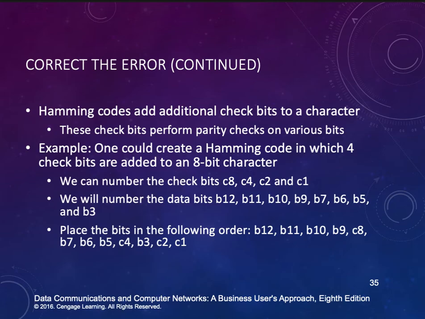Hamming code for an 8-bit character: check bits C8, C4, C2, and C1. Data bits B12 all the way to B3 without B8 and B4. So place the bits in the following order: B12, 11, 10, 9, check bit C8, B7, 6, 5, C4, B3, C2, and C1.